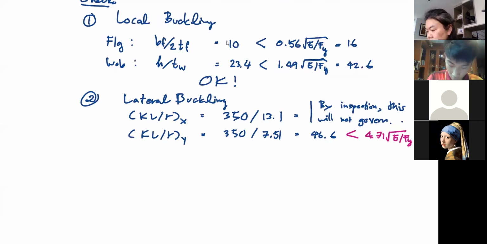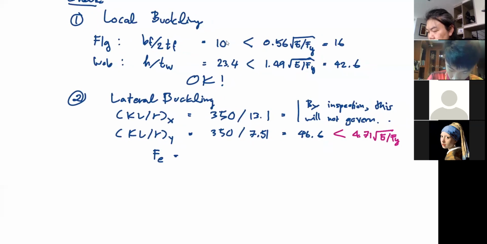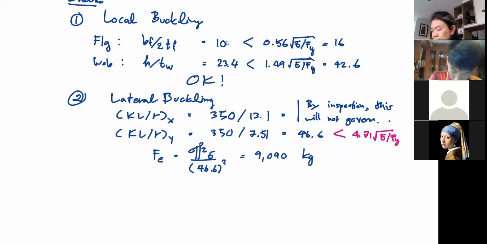And now we can go ahead and calculate the elastic buckling stress, pi square E over KL over R square. Don't forget the square terms, all right? That is 9090 kilogram per square centimeter.